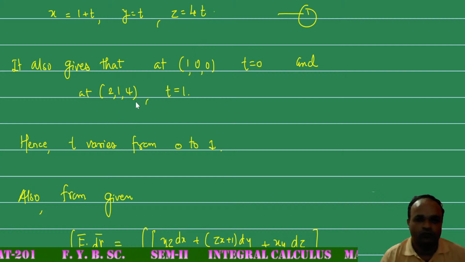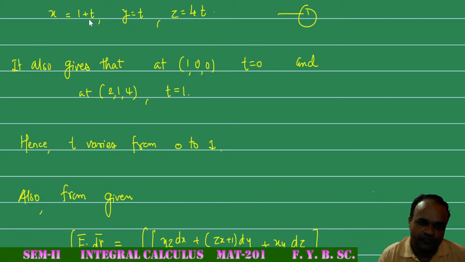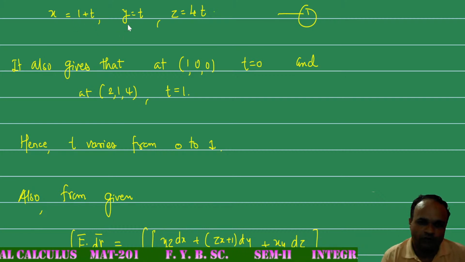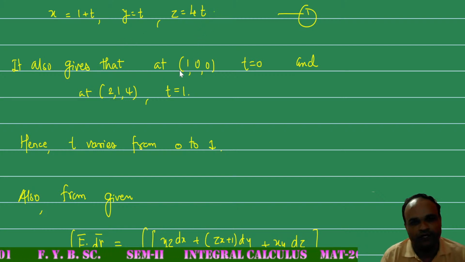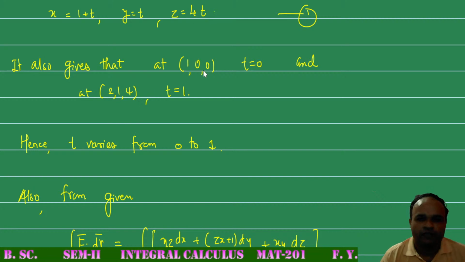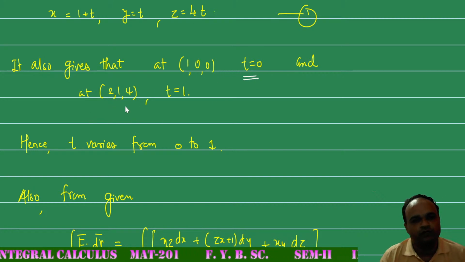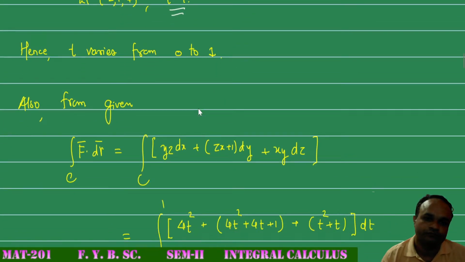And at (2,1,4), if x equal to 2, then what is t? t will be 1, or y equal to 1, t will be 1, or z equal to 4, again t will be 1. So you'll get at (1,0,0) the value of t equal to 0, and at (2,1,4) the value of t equal to 1, meaning t varies from 0 to 1.